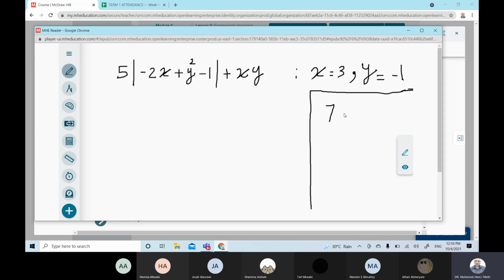Taif. So, Taif said 7. Who has a different answer?